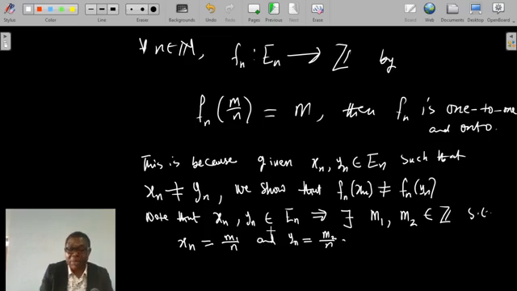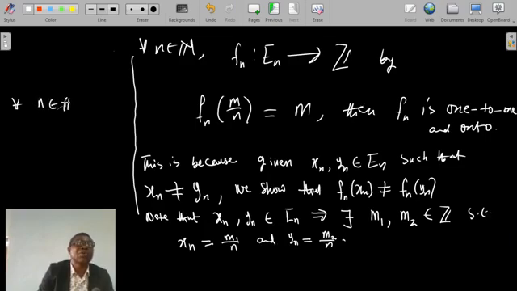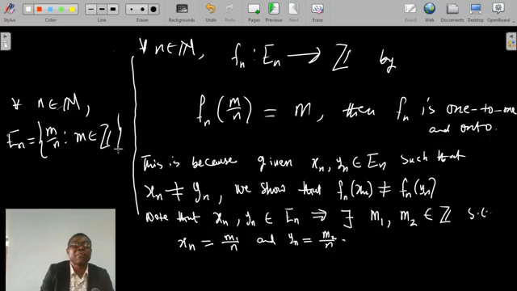Let me recall here that for each n in the set of natural numbers, En is equal to m over n, so that m is in the set of integers.